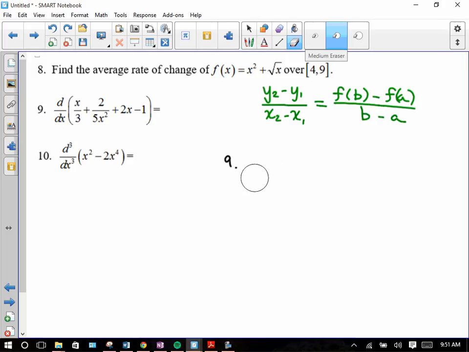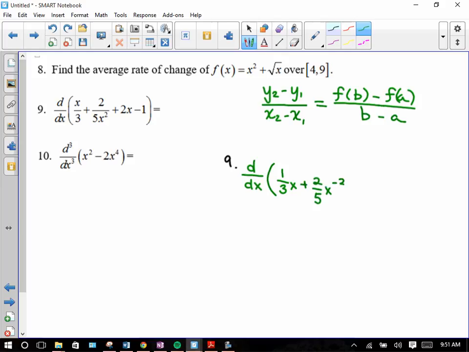So actually, what I'm trying to take is d dx of x divided by 3, that's the same as saying 1/3 x. Then I have 2 divided by 5x squared, that's the same as saying plus 2/5 x to the negative 2, plus 2x minus 1.